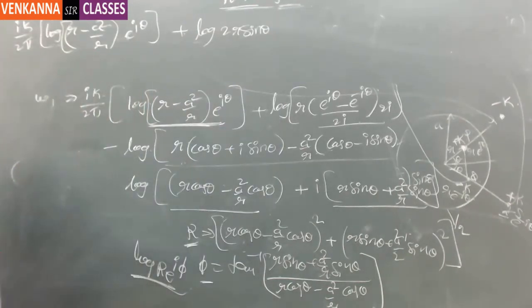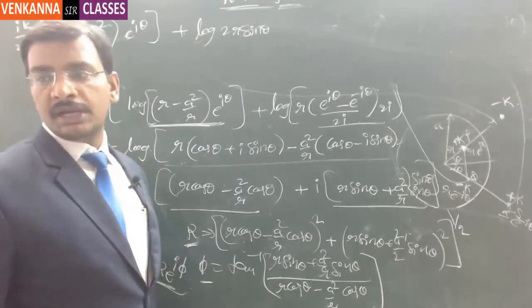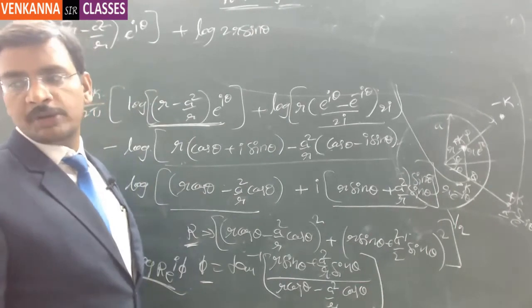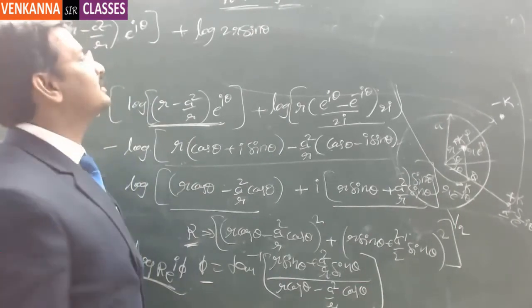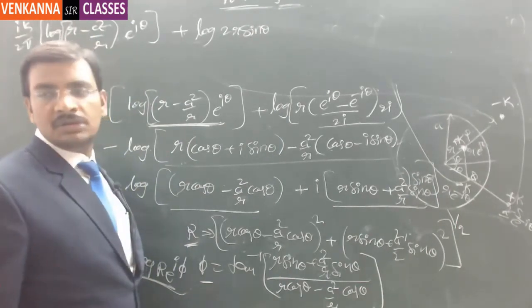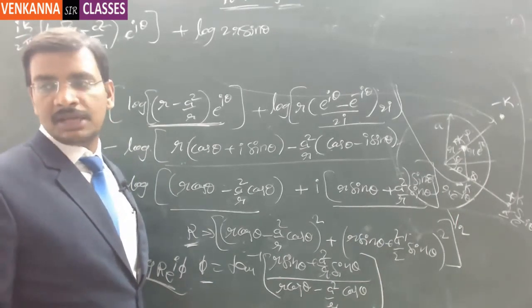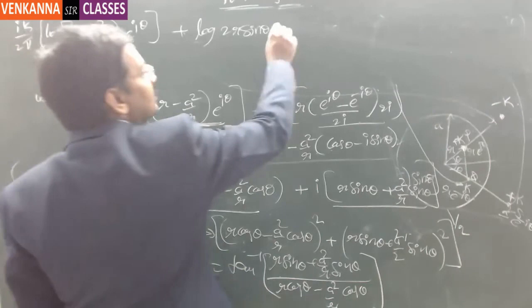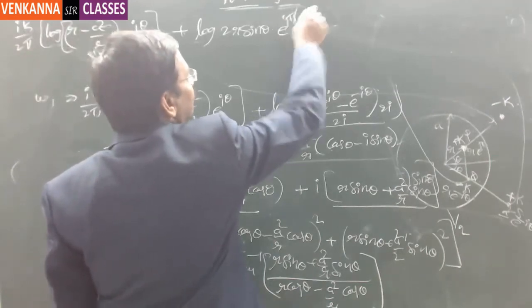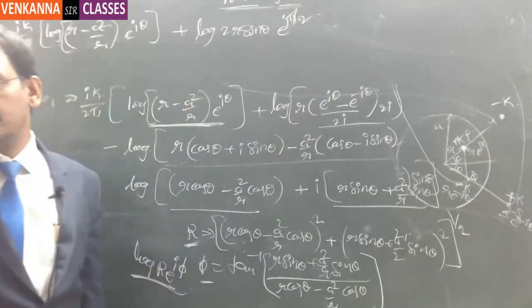So into i can be written as, you have the real part 0 and the imaginary part is coming out to be 2R sin theta. So the imaginary part is there and the real part is 0. So tan inverse of y by x, where x is equal to 0. That means e power i pi by 2 you can write it. Got it?